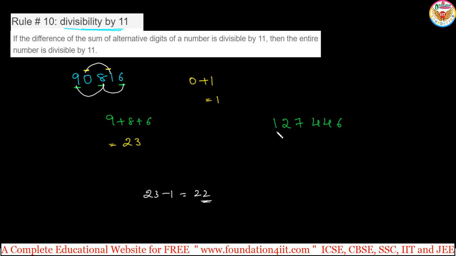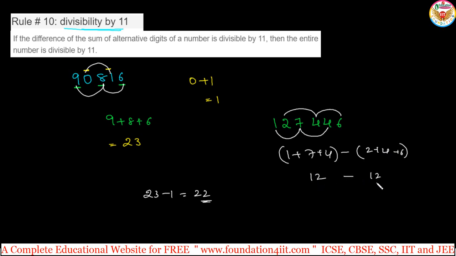First, third, fifth places: 1 plus 7 plus 4 is 12. Minus the other places: 2 plus 4 plus 6 is 12. So the result is 0. Either you get 0 or multiples of 11, then that number is divisible by 11. Not only 0, but also 11, 22, 33. Any such number after subtraction means the number is divisible by 11.